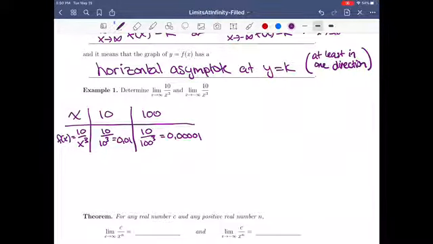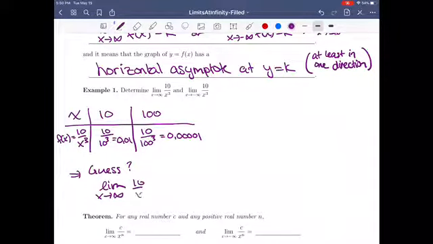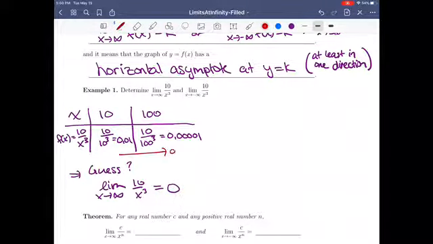So it doesn't take long. We don't even have to go very large to see that these numbers are getting very small. So we might guess that the limit as x goes to positive infinity of 10 over x cubed is 0. It seems like these values approach 0.